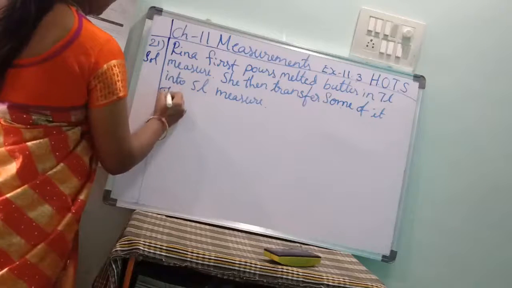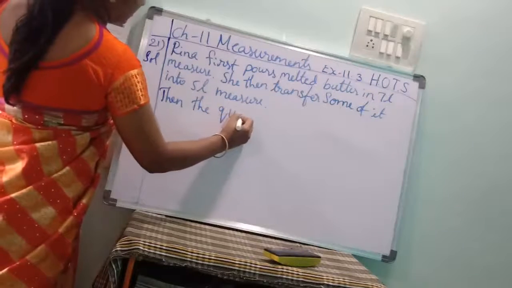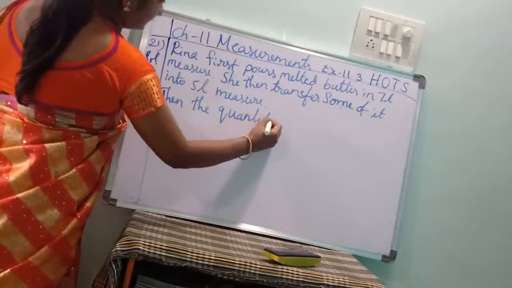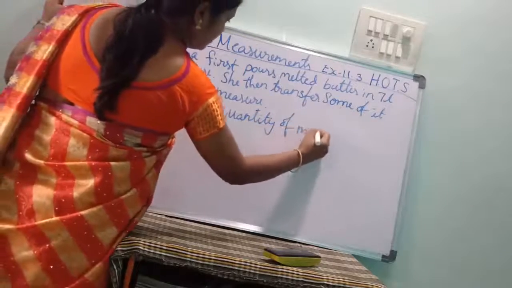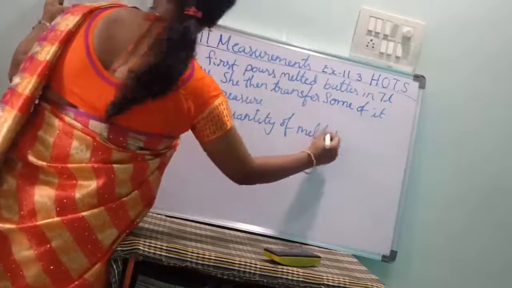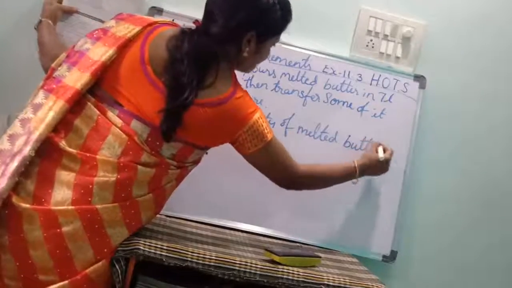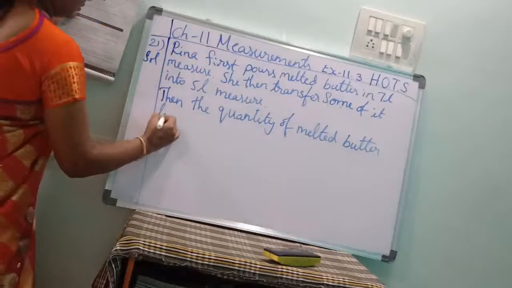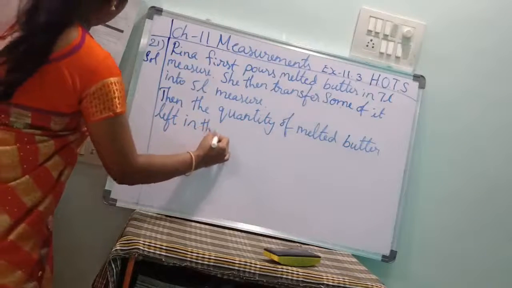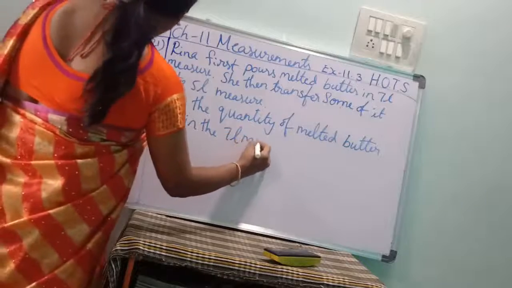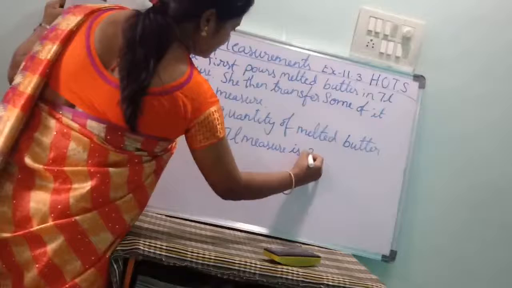Okay. Then the quantity of melted butter left in the 7 liter measure is 2 liters.